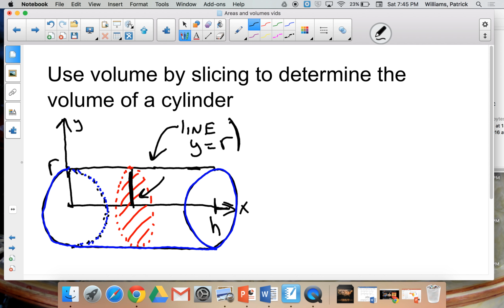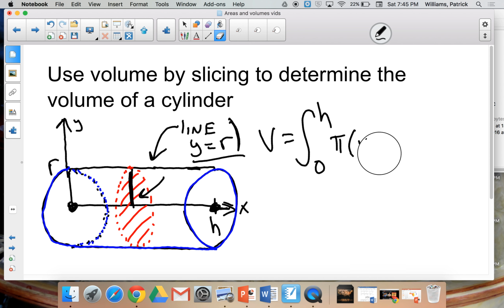Well, because the black line we drew right here represents y is equal to r, which is a constant, our radius is always going to be this value r. So therefore, if we want the volume, that's going to be the integral from 0, because we start at this point 0, 0, to the x value h. We go all the way to h, and our area is going to be pi times our function.